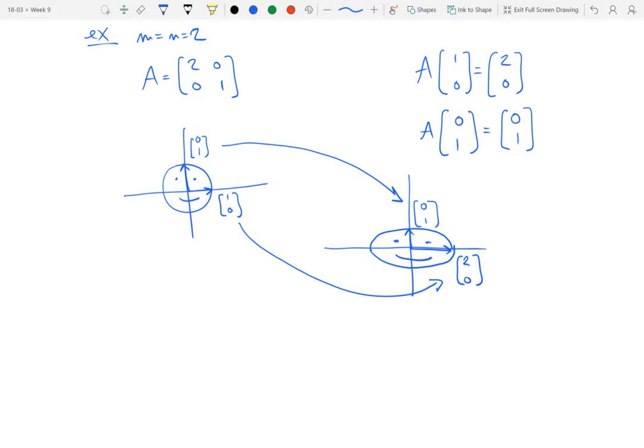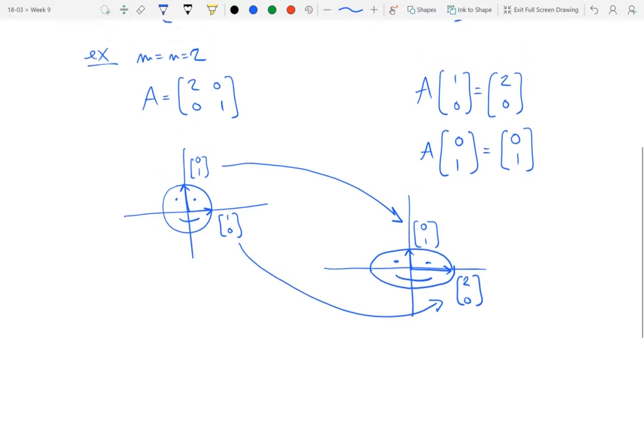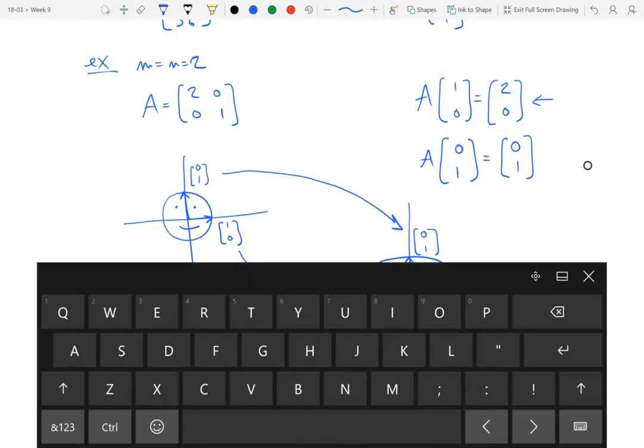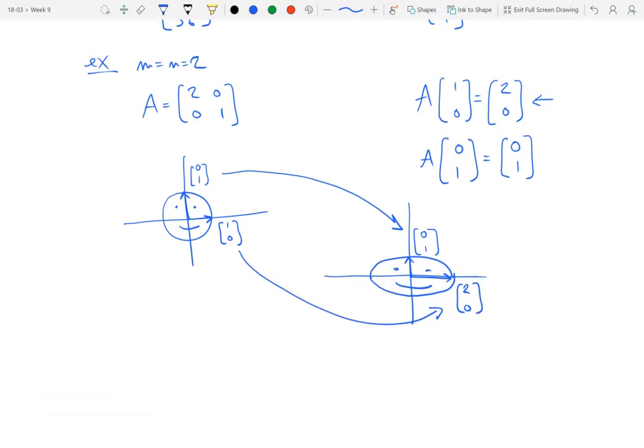In fact, you can understand that these vectors, canonical basis vectors, play special roles. If you look at this expression here, you'll see that you in fact are looking at the statement that 1, 0 is an eigenvector with eigenvalue 2. And here you're looking at the statement that 0, 1 is an eigenvector with eigenvalue 1.